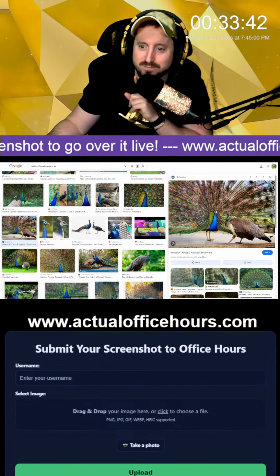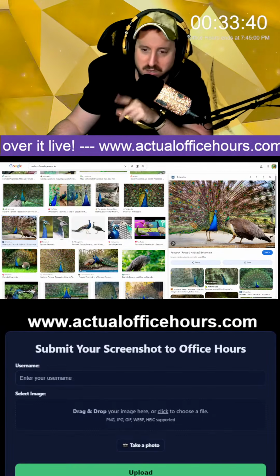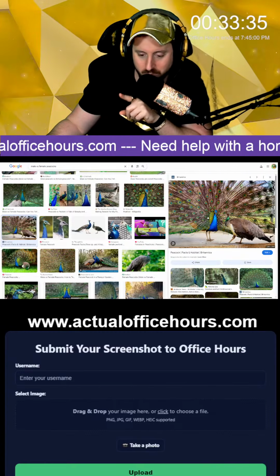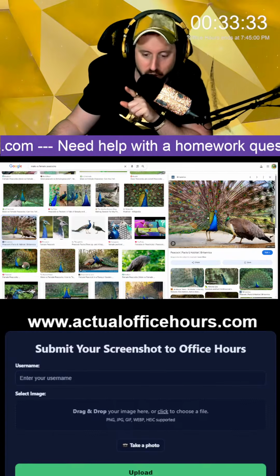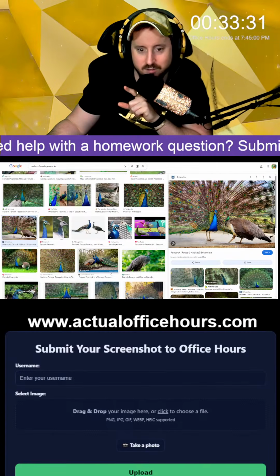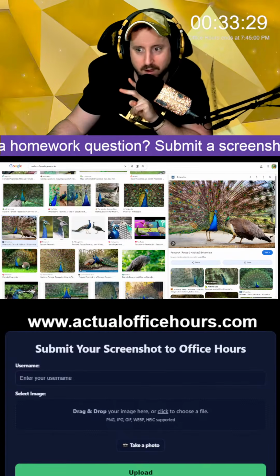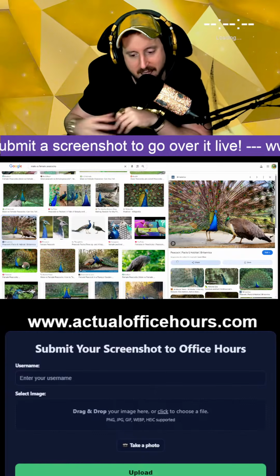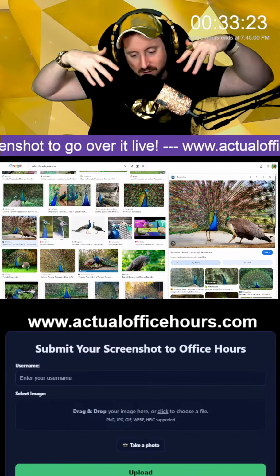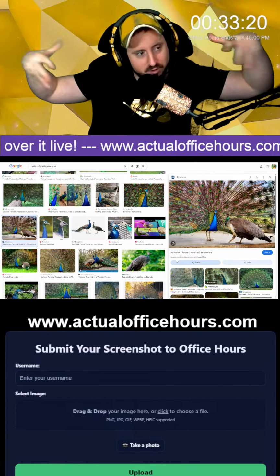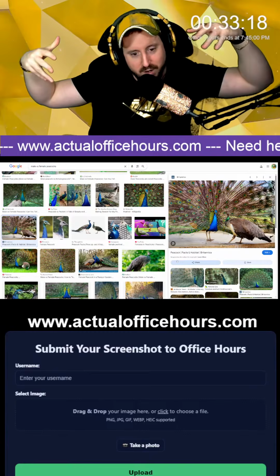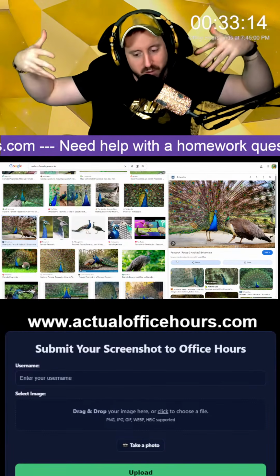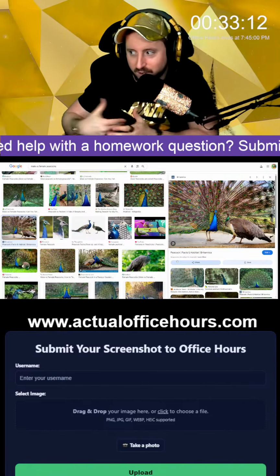But being a peacock with bright colors and stuff like this is not advantageous for survival. It paints you as a bigger target, if anything, right? So it's kind of this weird thing where females are attracted to males that have, again, these impressive bright colors, these plumes. But in order to survive with those bright plumes, you become a bigger target. So I guess it kind of works in a way.